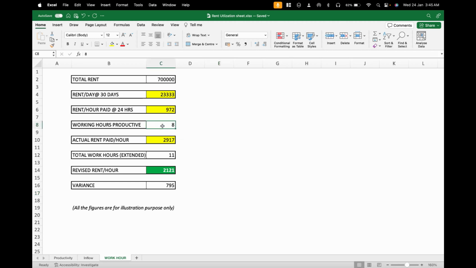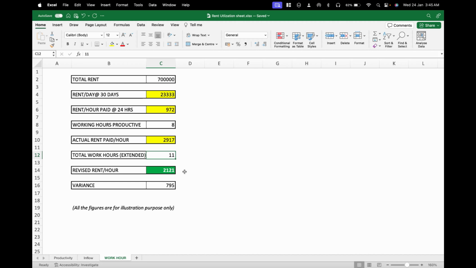We work standard 8 hours. Now the actual rent per hour according to that is coming to 2,917. If we work only up to 8 hours, then it will be 2,917. But if we work 11 hours, then the same rent per hour has come down to 2,121 rupees.